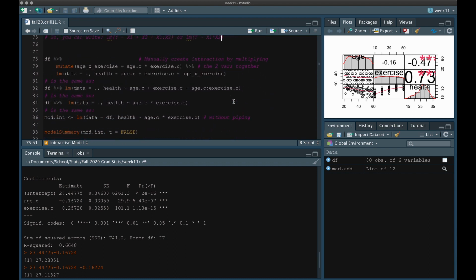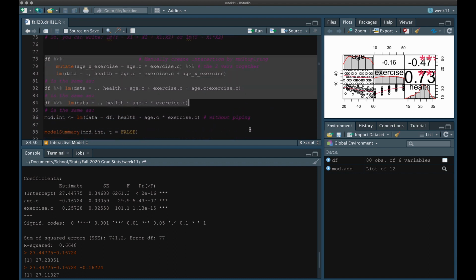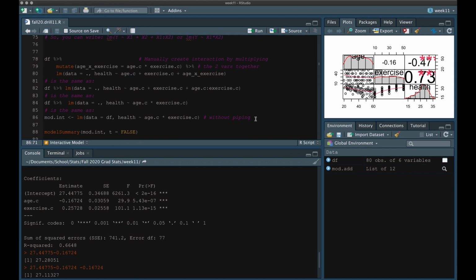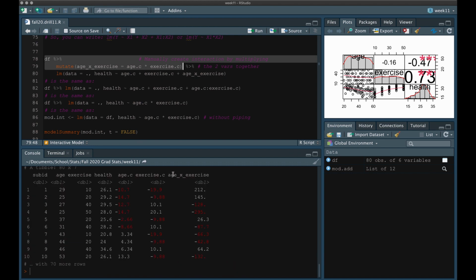So in other words, these are all read the exact same way in R. Here we are manually creating, we take our data frame and we create a new variable, age x exercise, which is literally just the product of centered age times centered exercise. Negative 10.7 times negative 19.9 is this. And so we've just created a new variable in our data set called age x exercise.